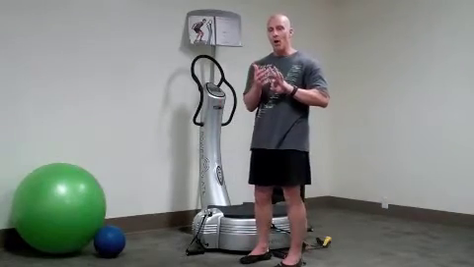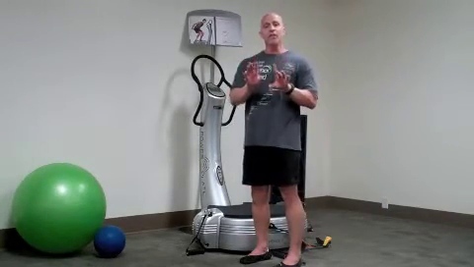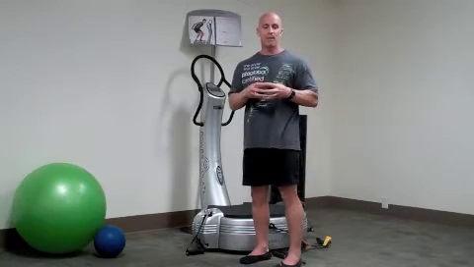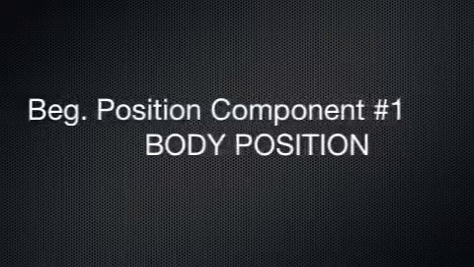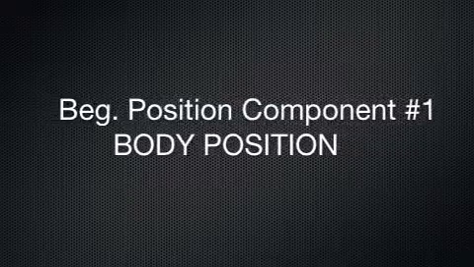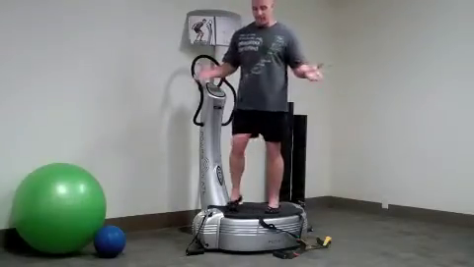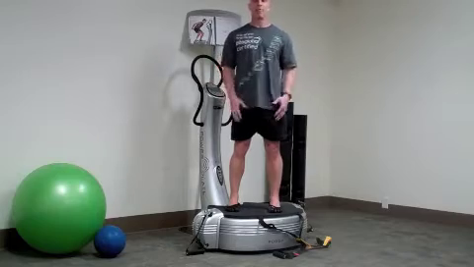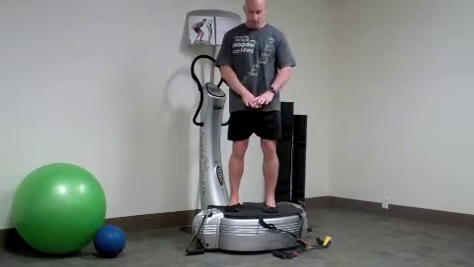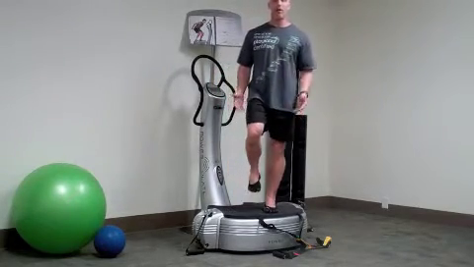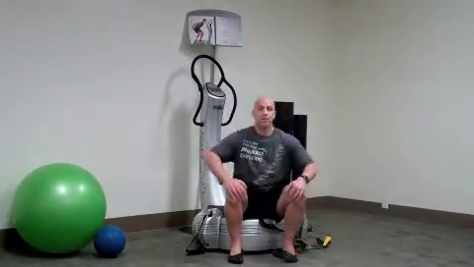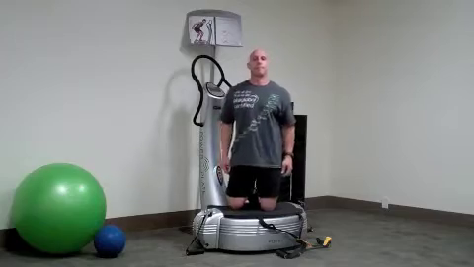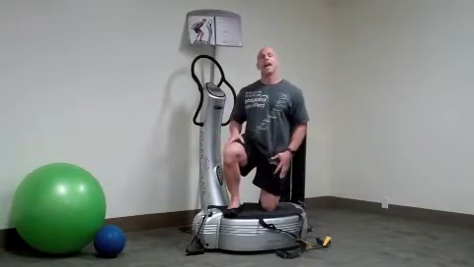We get three major components of beginning position. The first component we're going to look at relative to the beginning position is the actual position, the type of position that we're in. We have a standing position, so I can be in a standing upright position. From here I can be on two legs, or I can be on one leg. Another position I have is I can be in a seated position, kneeling, double kneeling, and half kneeling.